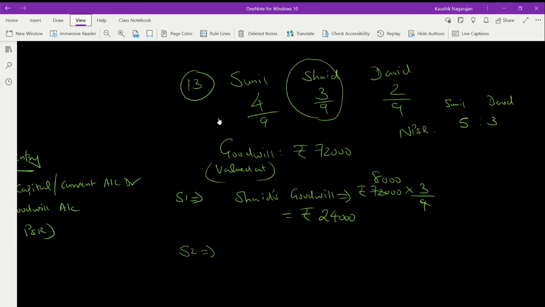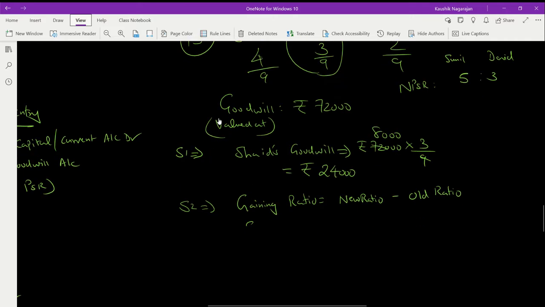So first write the formula: gaining ratio is equal to new minus old. That means first let's calculate for Sunil.